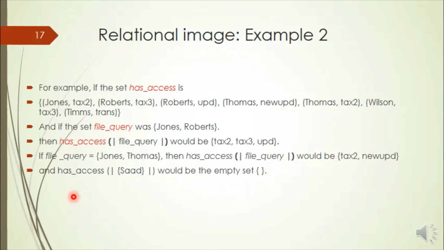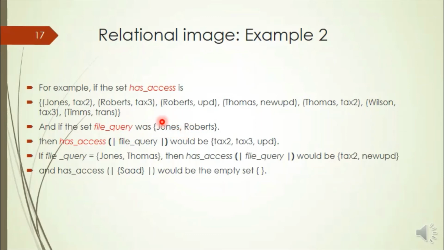Now consider an example which has a relational variable has access and contains the following ordered pairs, which is 7 ordered pairs, or you can say that a table has 7 rows and 2 columns, and we have a second argument which is a set, and we name it file query, and it has 2 elements, John and Robert.